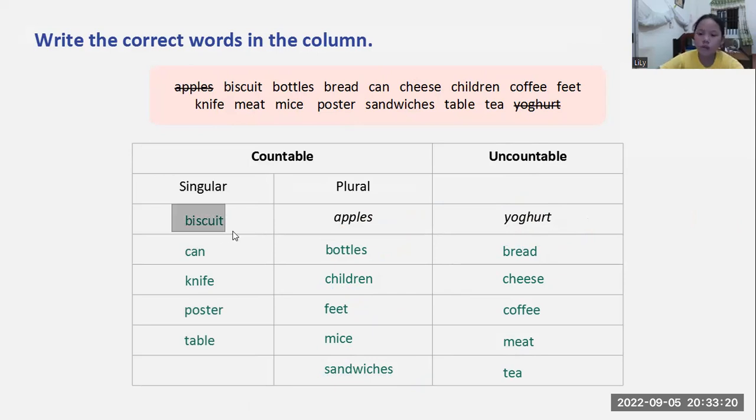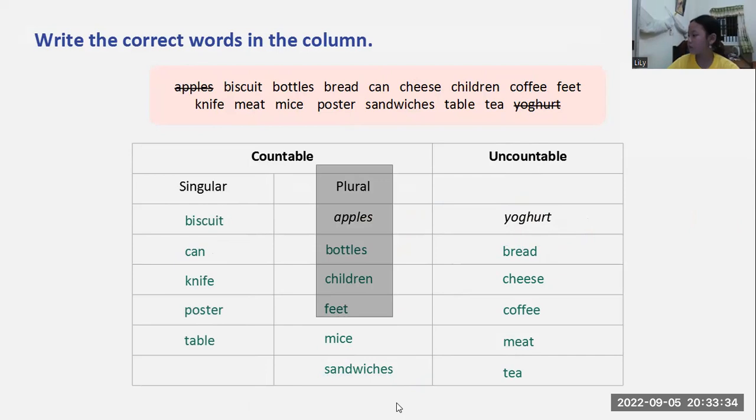We have biscuit. Biscuits, poster, table. You say knife. Knife. Okay, how about plural? We have apples, petals, children, feet, mat, sandwich, mice. Mice, sandwich, and you say sandwiches.